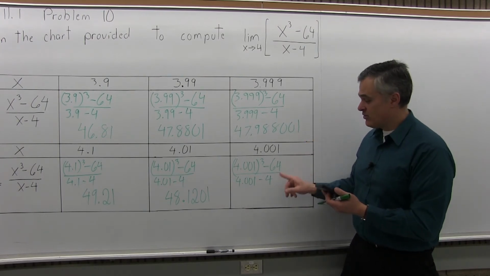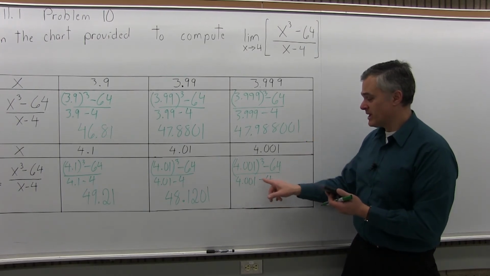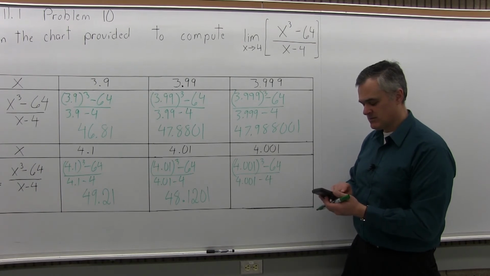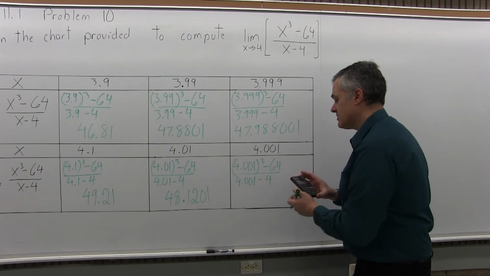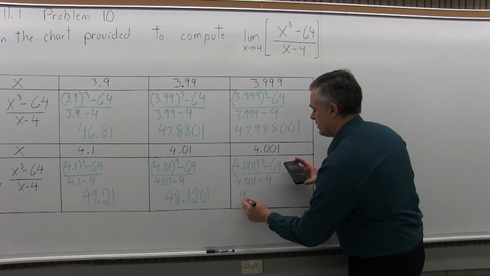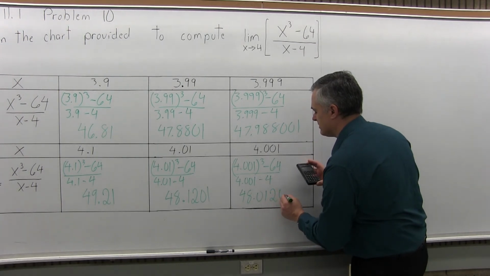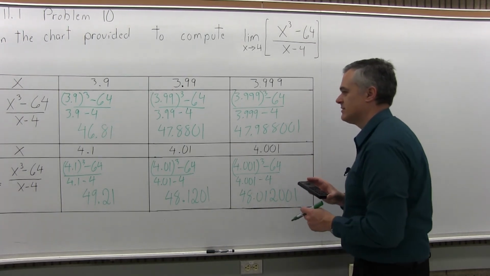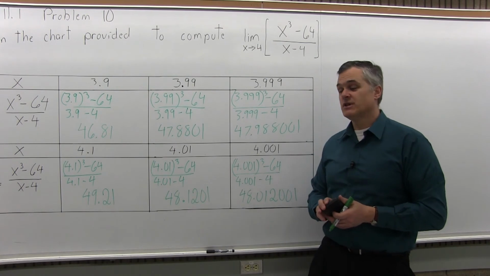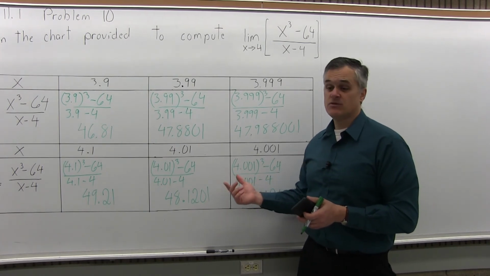I'm going to divide that numerator by 0.001 basically after I do the subtraction. And the answer comes out to 48.012001. So now that the chart's filled out, it seems that the value of the limit is 48.